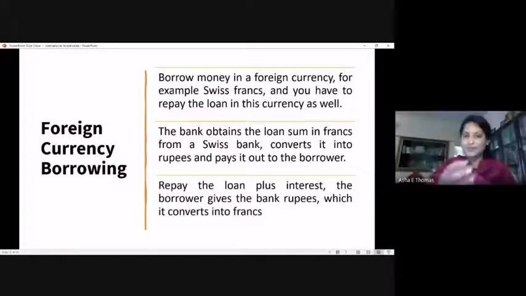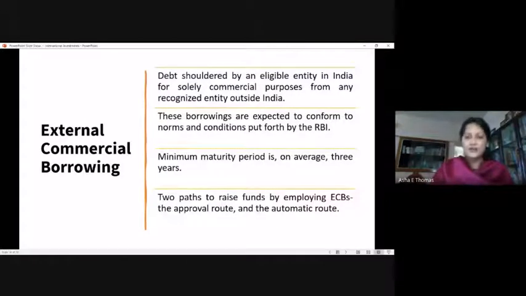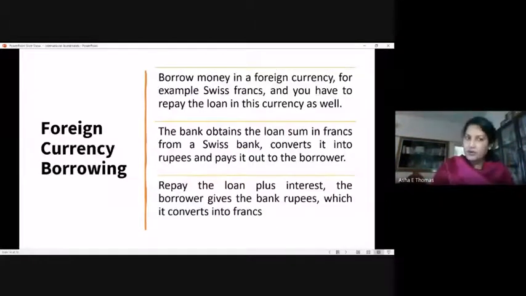But here, when you are taking up, I have put an example: borrow money in a foreign currency, for example, Swiss franc, and you will have to repay the loan in this currency as well. So that foreign currency borrowing is also external commercial borrowing, and it qualifies under external commercial borrowing.